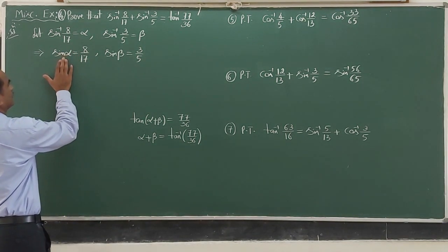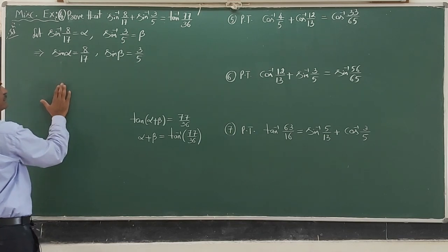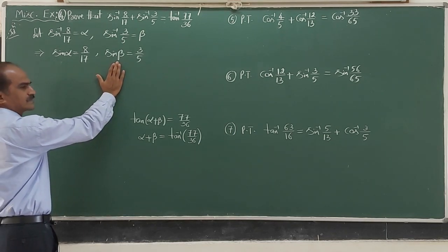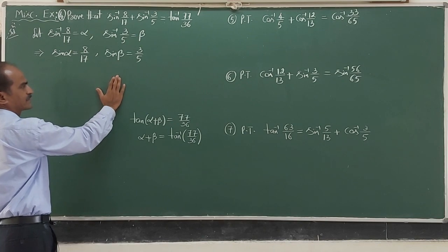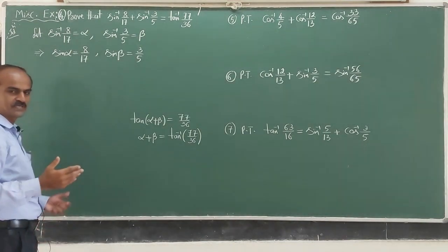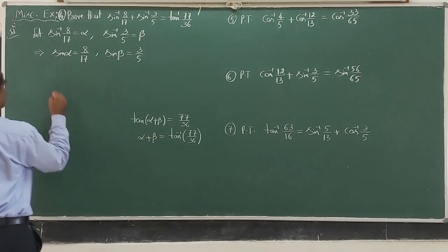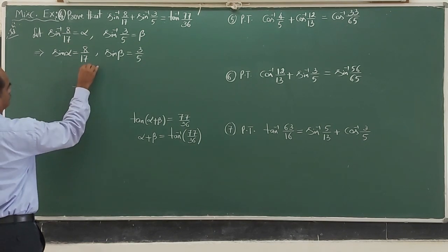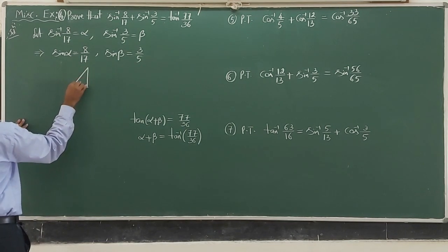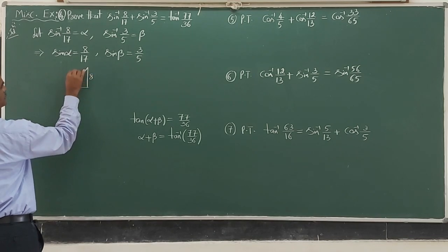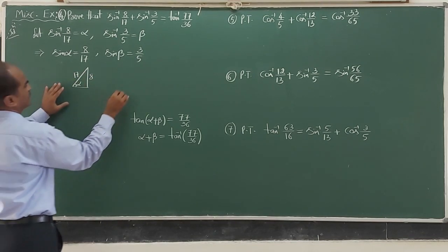Look at here, I have sin alpha, by this I can find tan alpha value. Sin beta is 3 by 5, by this I can find out tan beta using triangle method. Opposite side 8, hypotenuse 17.